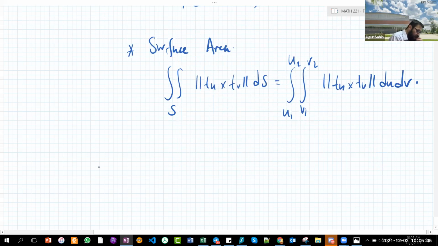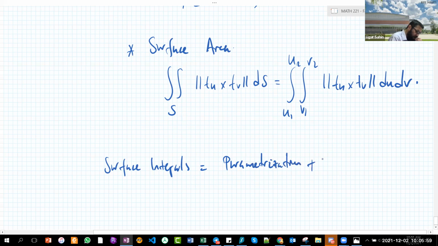So we need these two concepts. Today we are going to talk about surface integrals. That's why we defined these two concepts, parameterization and the surface area. We need them to define what the surface integral is. As you remember, in line integrals we did similar things.